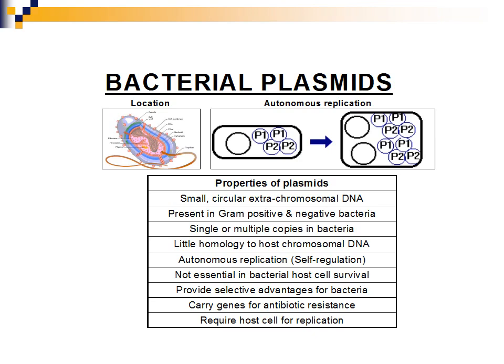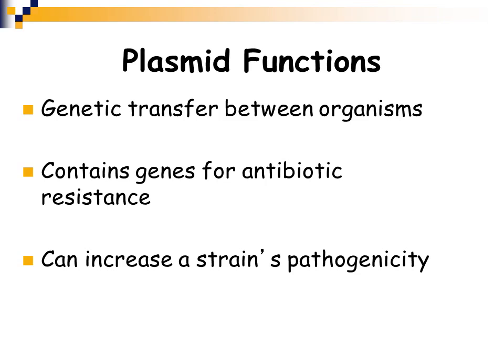Plasmids are self-replicating, but they do require a host cell, so they're not going to be able to replicate out on an extracellular surface, like on a table. They need to be inside a cell to replicate. Again, plasmids allow genetic transfer between organisms.